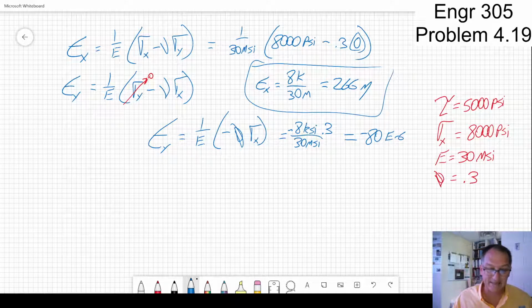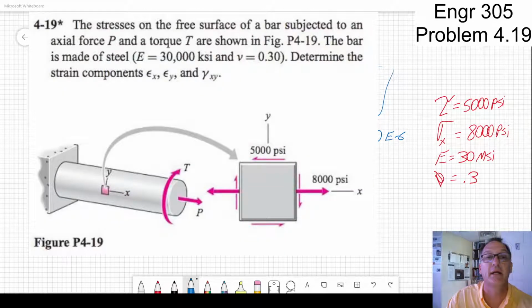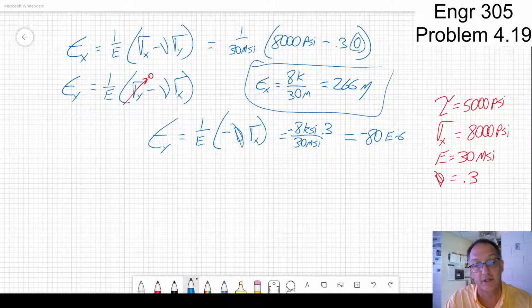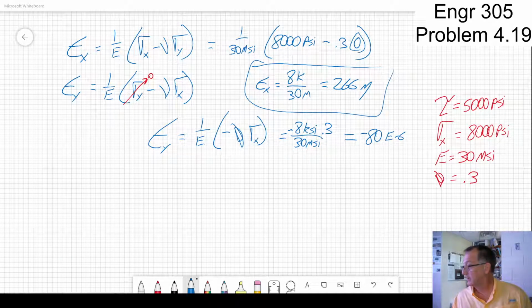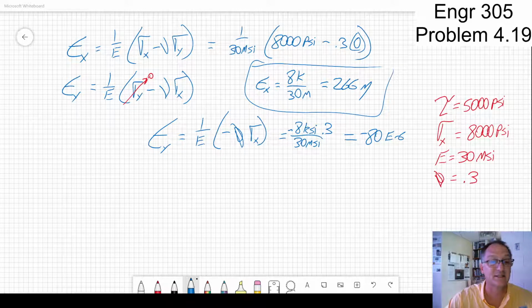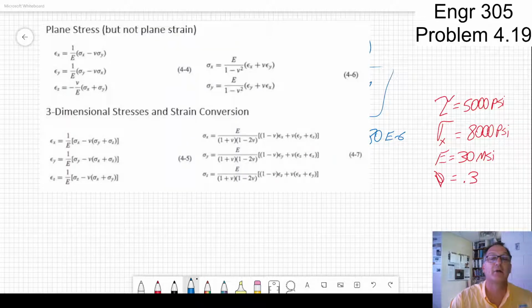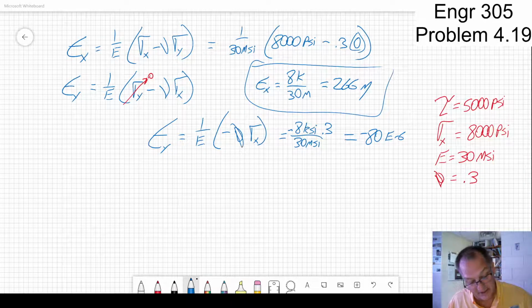Lastly, I go pull up the problem statement. It asked us for strain in the X, strain in the Y, and the shear strain. Well, what's my shear strain? You have to go back to our equations, and it isn't one of these study guide equations. It's actually above that, and it's a little more straightforward.